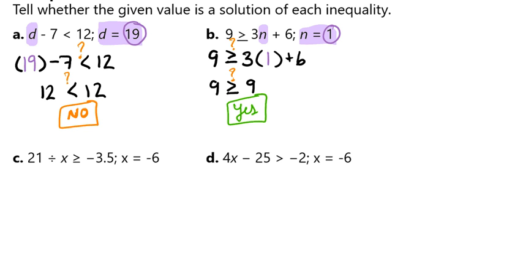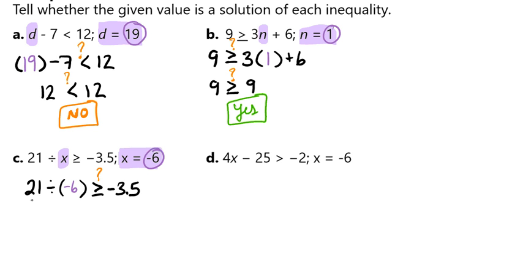For problem C, we have 21 divided by x is greater than or equal to negative 3.5, where x equals negative 6. So we want to take that negative 6 and plug it in for our x value. So we have 21 divided by negative 6, and we want to know, is that greater than or equal to negative 3.5?